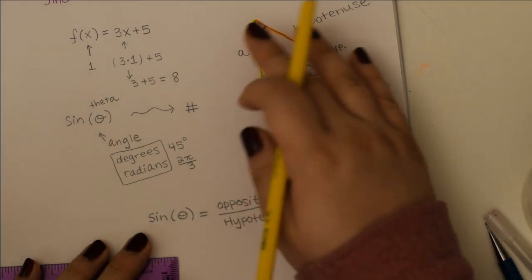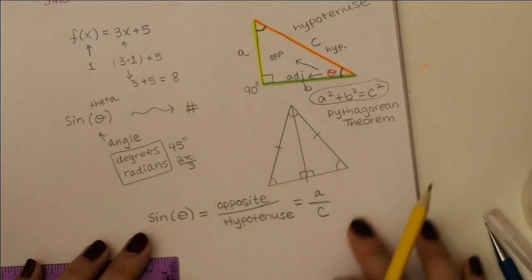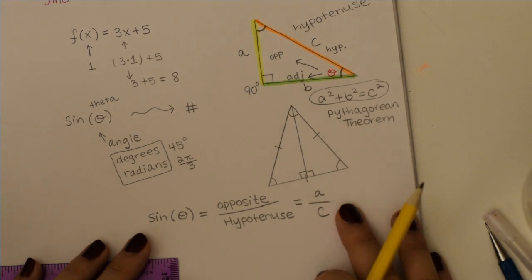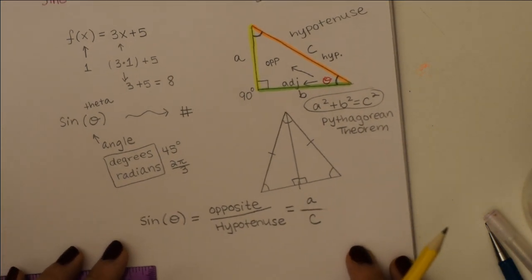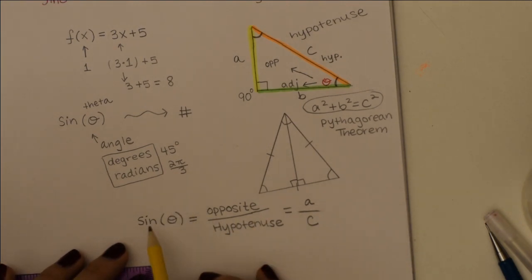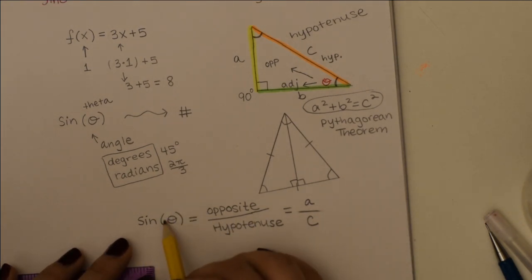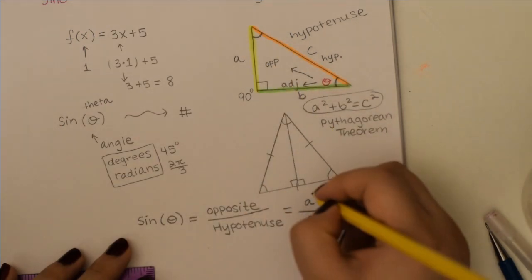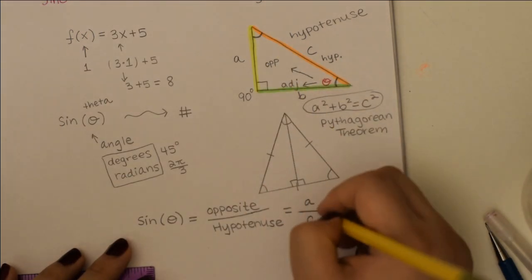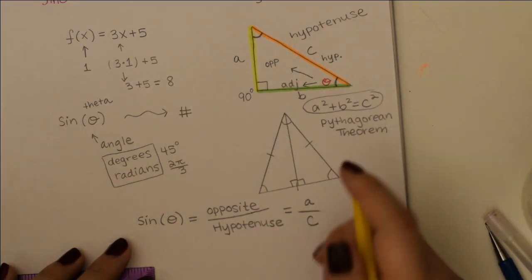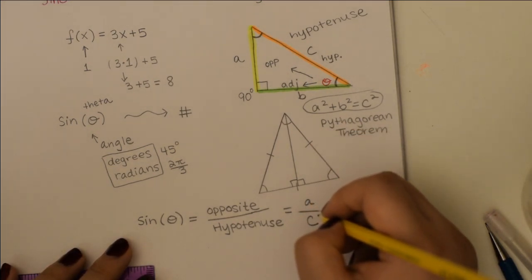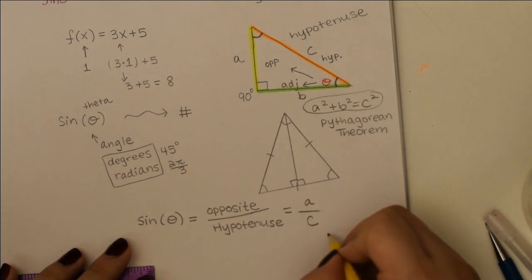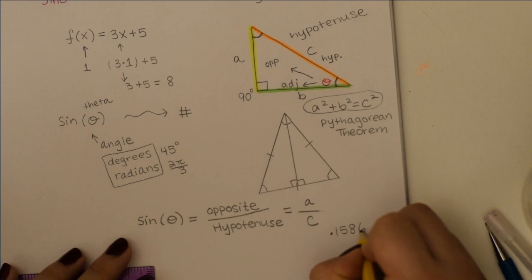So A and C and B are just placeholders for now for lengths of sides, okay? But you can see now how you take an angle, and this trigonometric function tells me that A over C, these are both lengths of sides of the triangle. When you divide that, it becomes a ratio. So you might get a number like 0.1586 or something like that, okay?